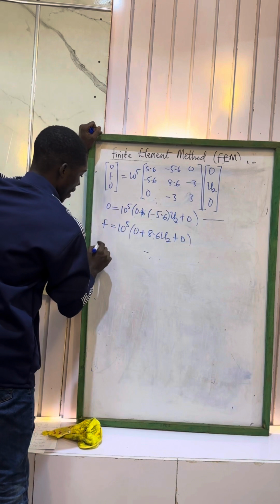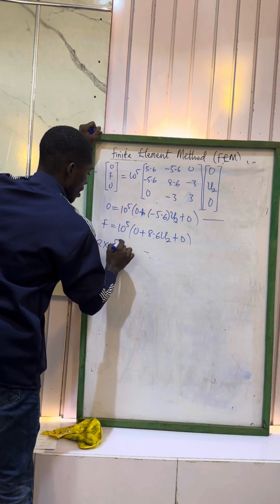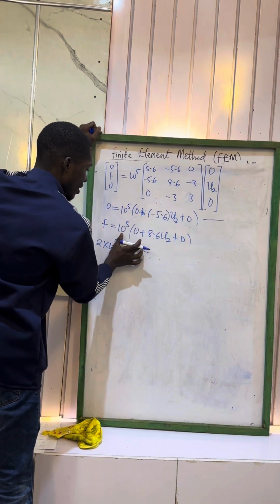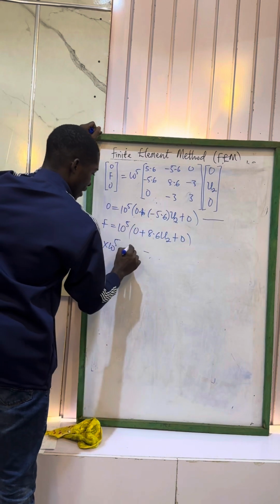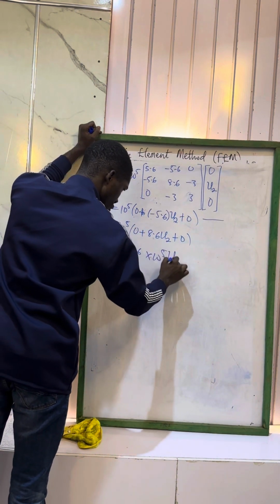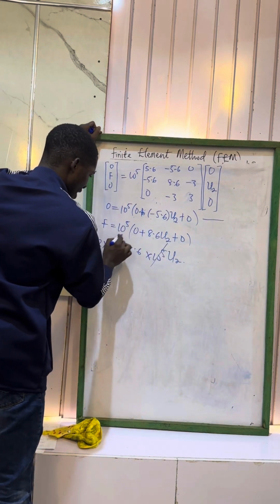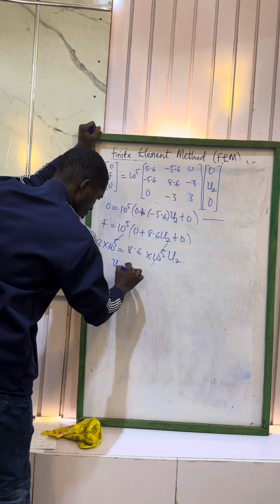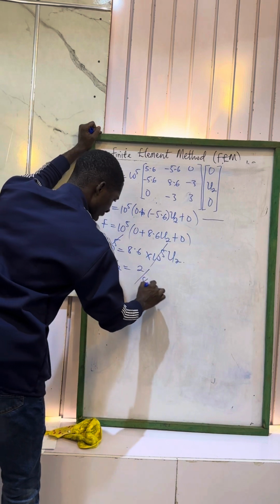So from here, we have what? Now let me substitute the value of F. 2 times 10 to the power 5 equals this one, adding everything together and multiplying with this, we have 8.6 times 10 to the power 5 U2. So 10 to the power 5 equals 10 to the power 5. So U2 equals 2 over 8.6.